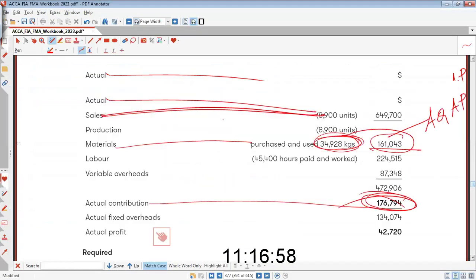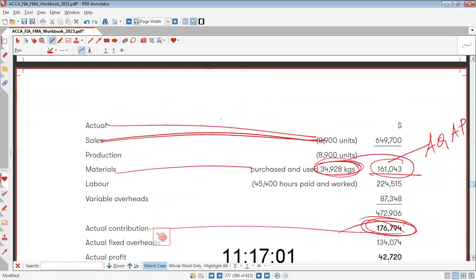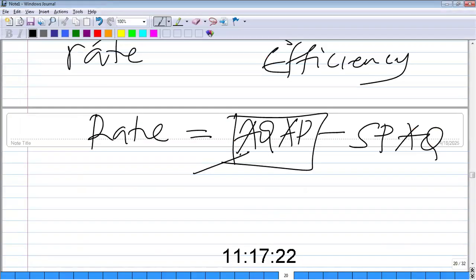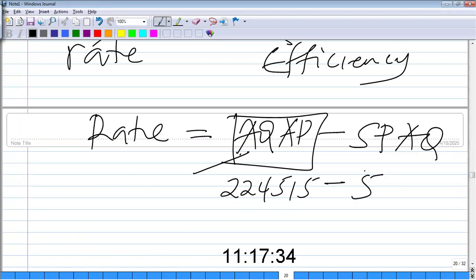When you go to actual, it says labor, 45,400 hours were paid and worked. That is our AQ. AP is 224,515. So 224,515 minus, what is our standard price when you go to the budget for labor? $5 per hour.